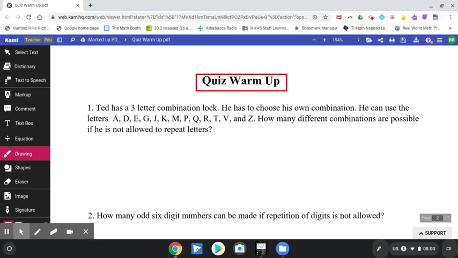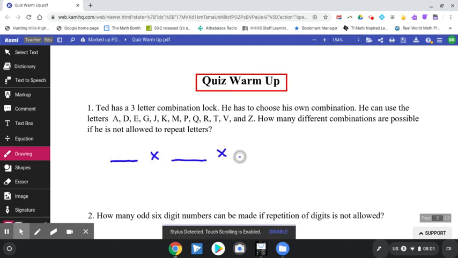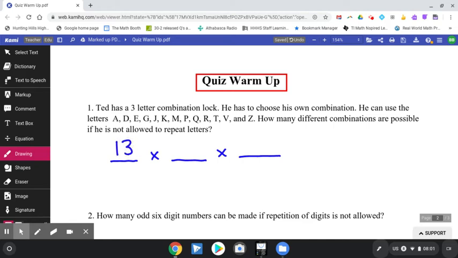So he would have to make 3 decisions. So let's get 3 blanks set up. All right, so Ted is going to make his first decision. What letter should go first? Now, I've counted the letters ahead of time, and there are 13 available or possible letters that he can pick from. Now, remember, it says here he is not allowed to repeat letters.